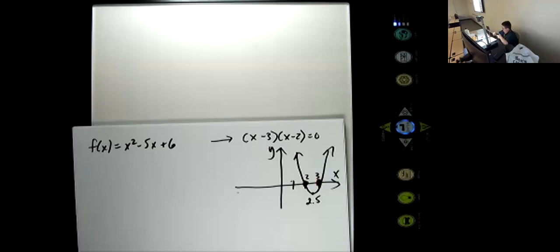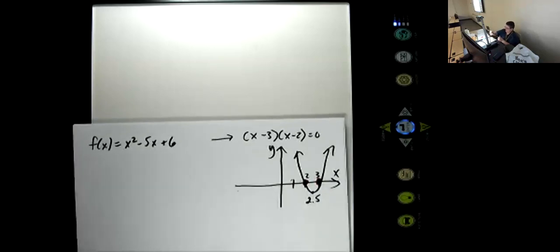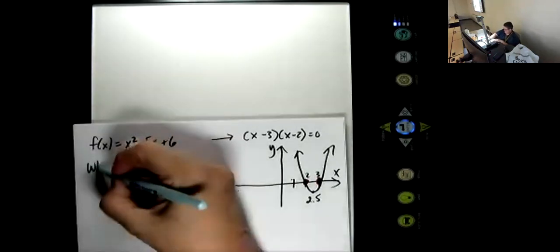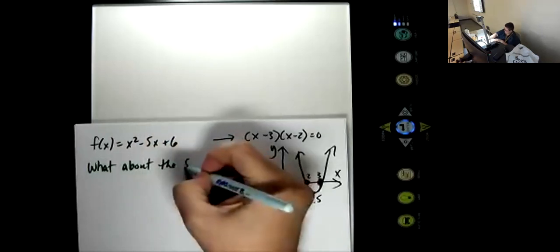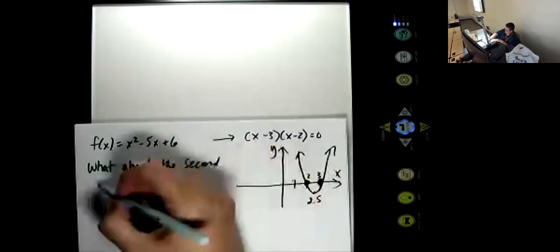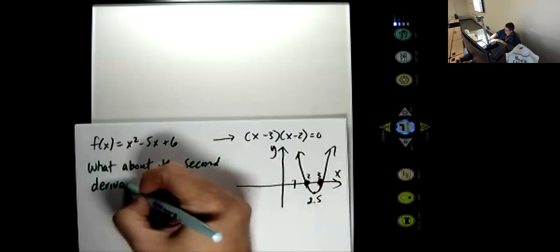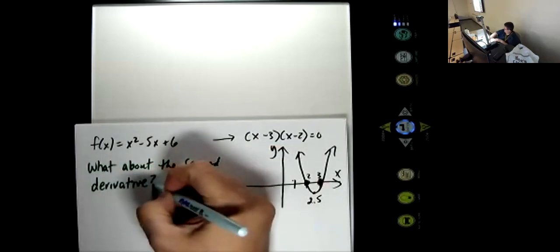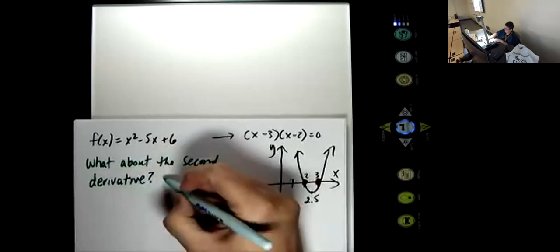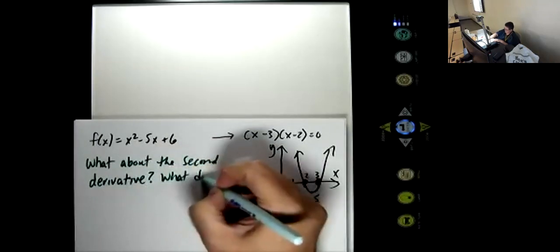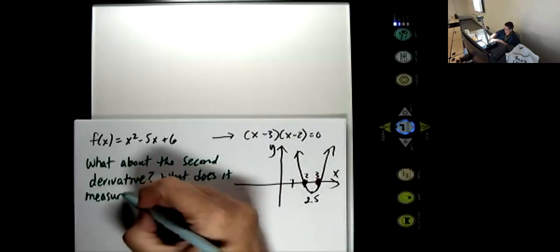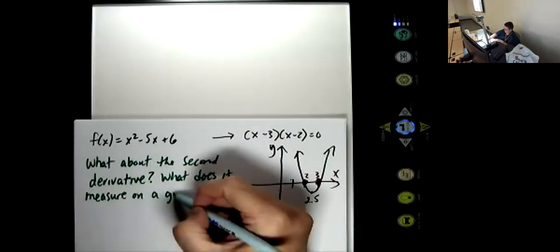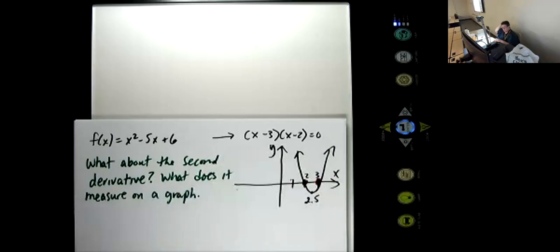What about the second derivative? What does the second derivative measure? What does it measure on a graph?